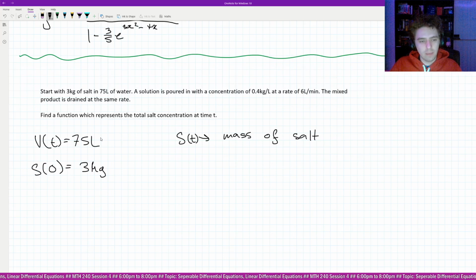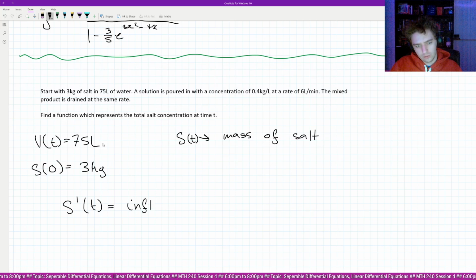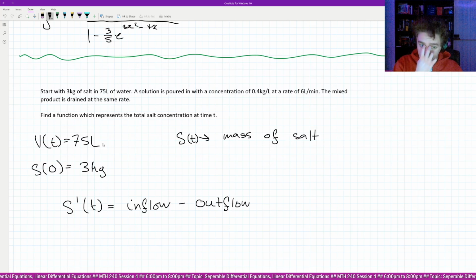Now this is the main part of solving this, and this is what I have to look at the notes for, and after this it's not too bad: S prime of t is the inflow minus the outflow.